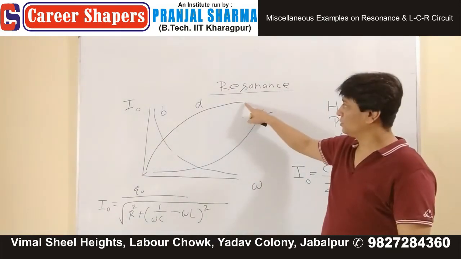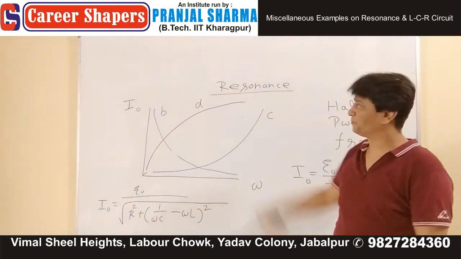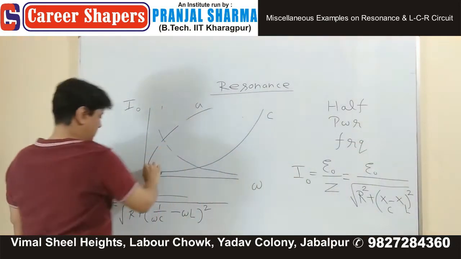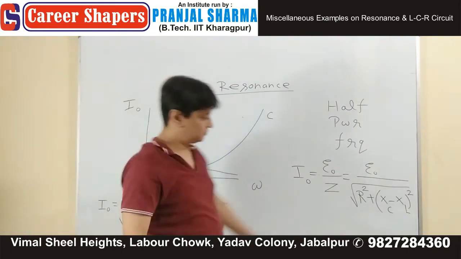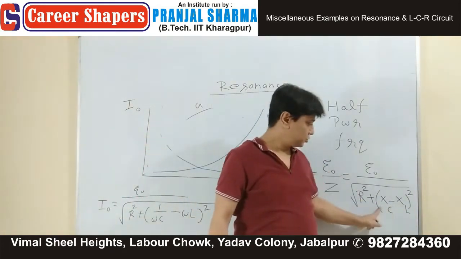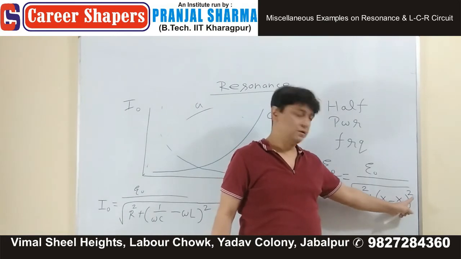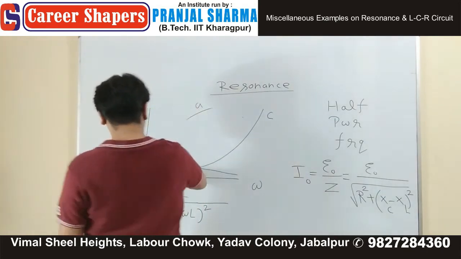I think you thought that way, and therefore everybody is answering D. But look at the value of Z, especially the portion inside the bracket. Look at this portion, XC minus XL square. There is something special about this square term.